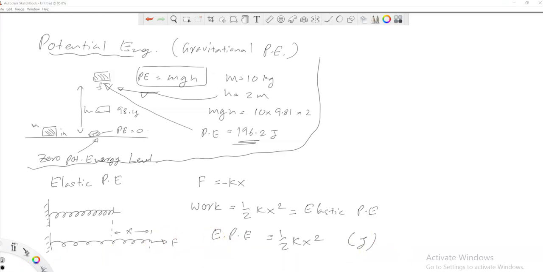Okay, so let's try a simple example for elastic potential energy. Let's say you have a spring with a spring constant of 500 newtons per meter, and you're going to apply a force and squeeze it, compress it by a distance of, let's say, 10 centimeters.